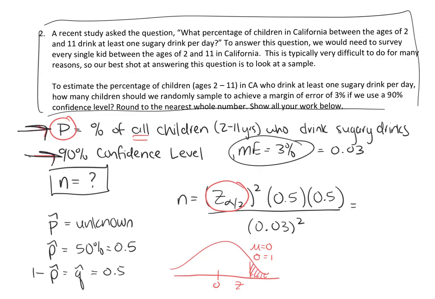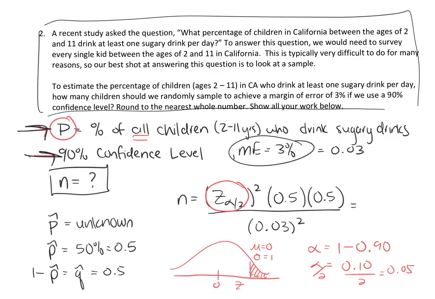So let's ask ourselves what alpha is. Alpha is 1 minus your confidence level. So that gives me an area of 10% or 0.10, and then I'm going to divide that by 2, which is the same thing as 0.05.